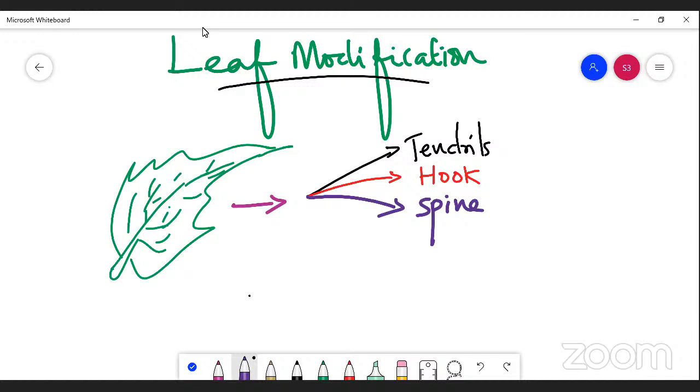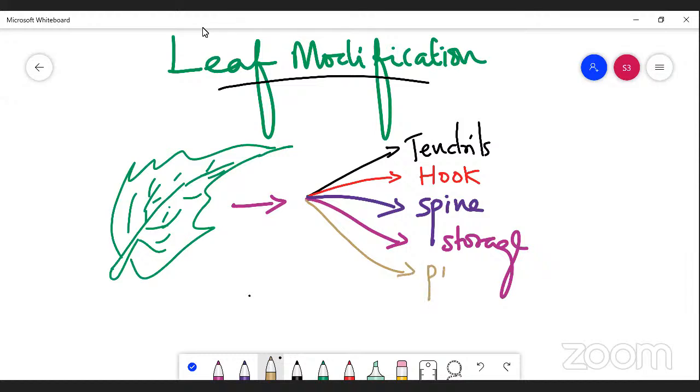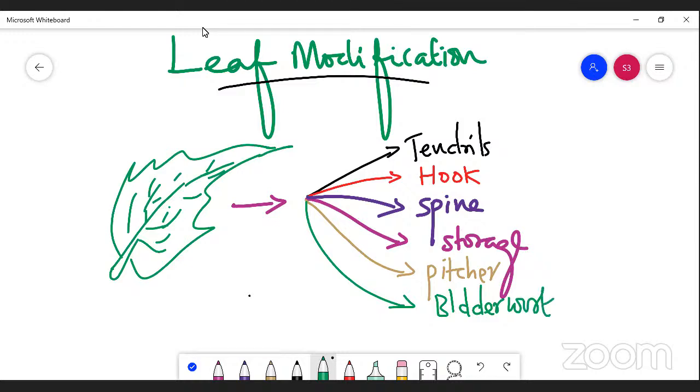Sometimes the leaves are modified for storage of food. Sometimes the leaves are modified into pitcher, or bladder, or utricularia. For that, I'm going to give an example for each one, right?